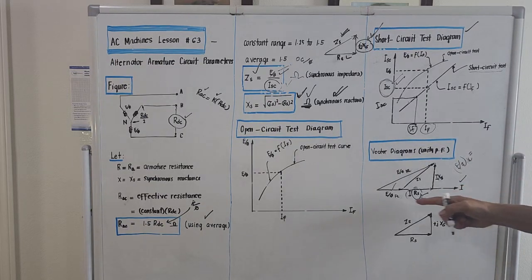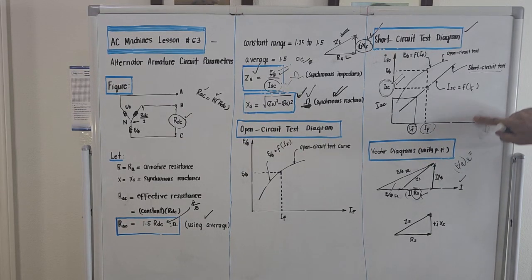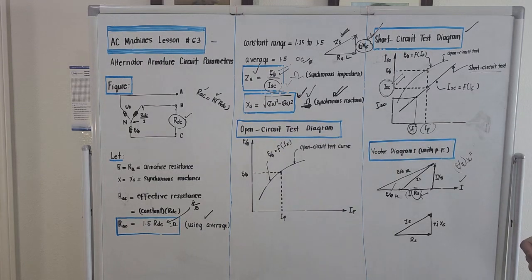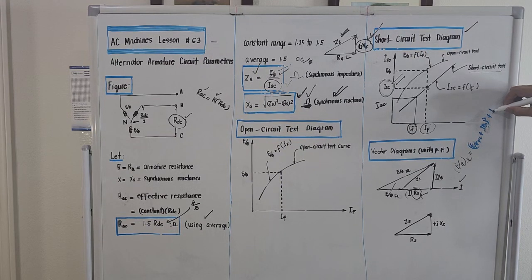Again, we use Pythagoras principle. I will try to erase this one. I will just write the equation on how to compute for the voltage per phase at no load. It will be the voltage per phase at full load plus I times R sub S quantity squared plus I times X sub S quantity squared.